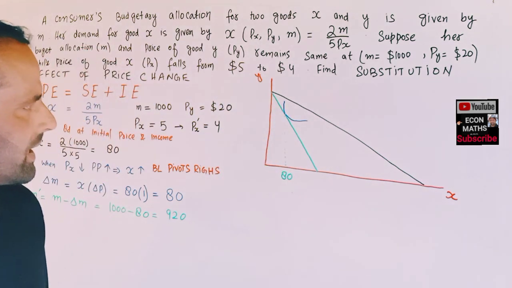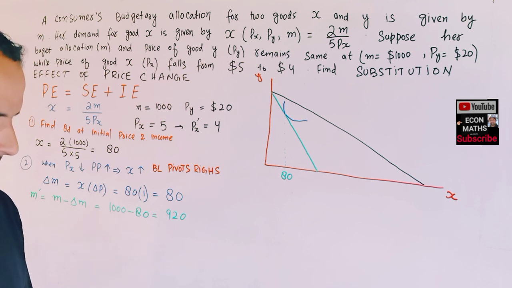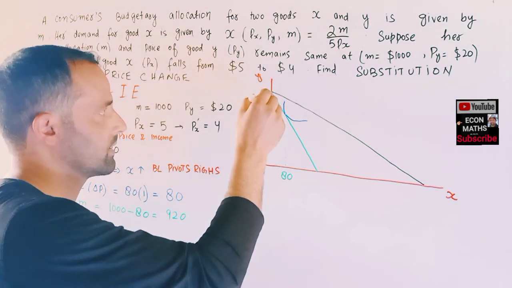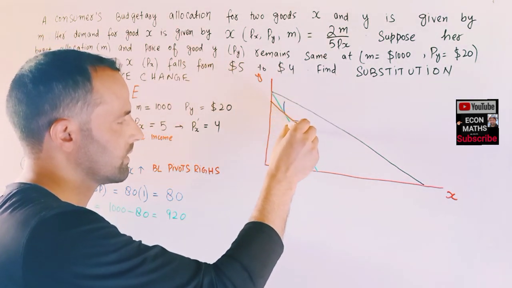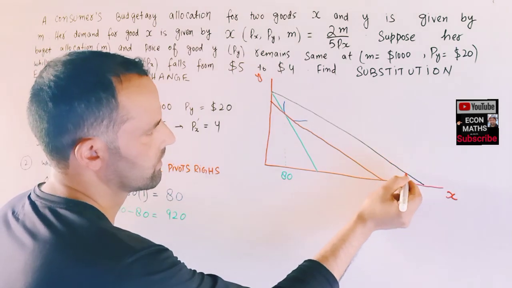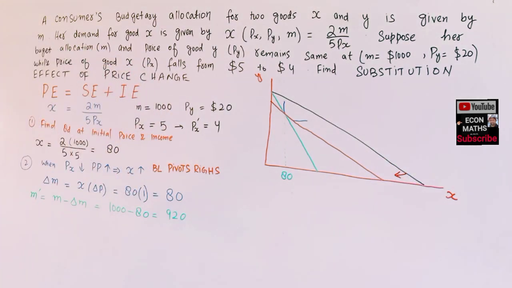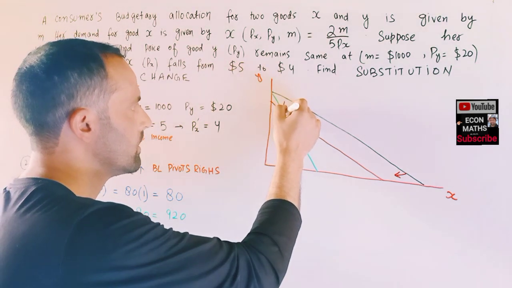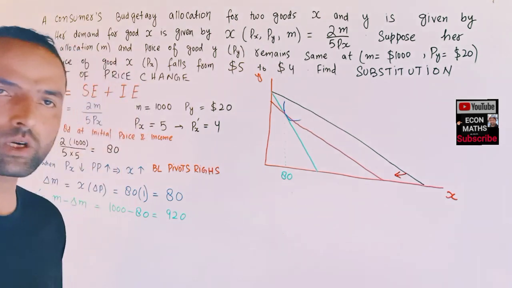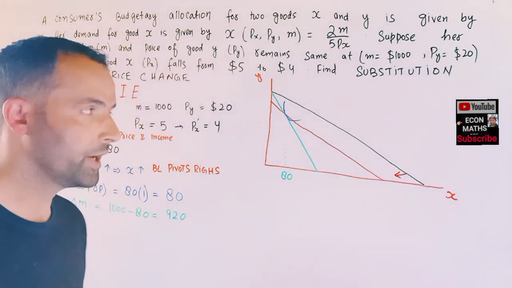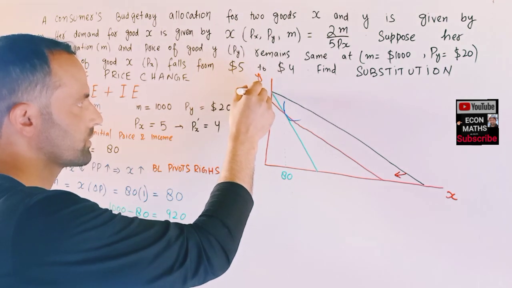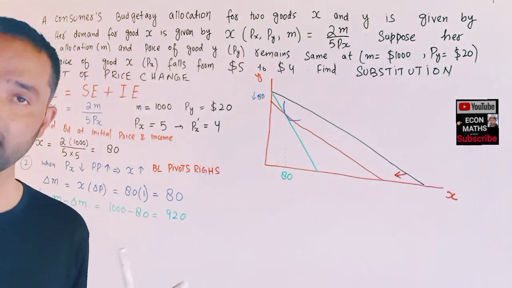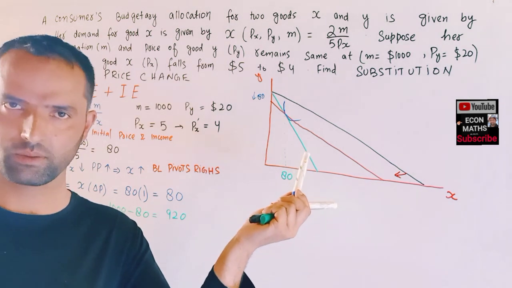Let me use some color. Let us say this is it, and let us show it here. So what we have done here is we have taken away $80 from the consumer, so that he is as good as he was earlier, before the price change.